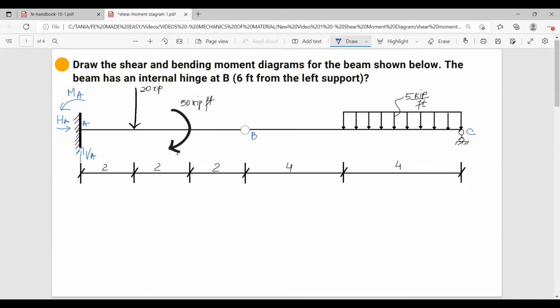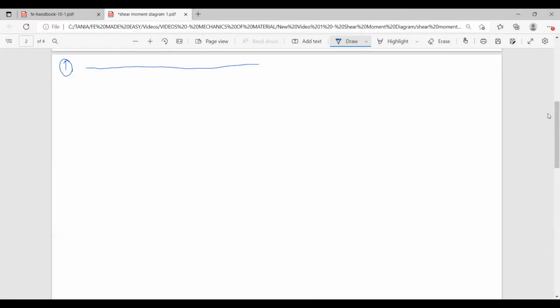So let's start by calling it, or you know what, I'm going to go lower because I want to draw at the end the shear moment diagram for the entire beam. So our beam looks something like this.